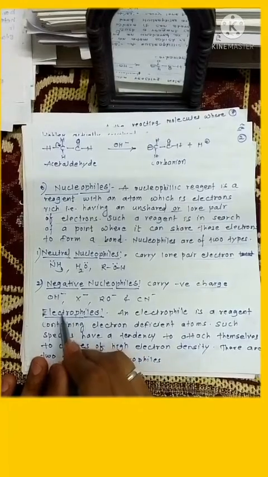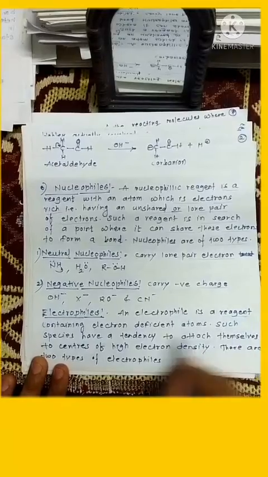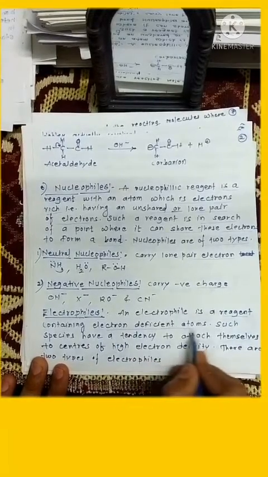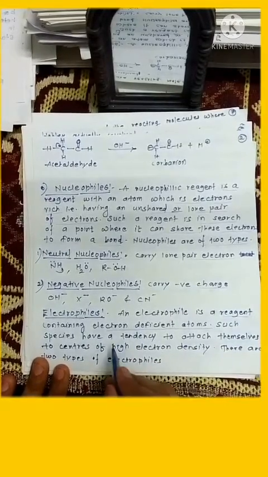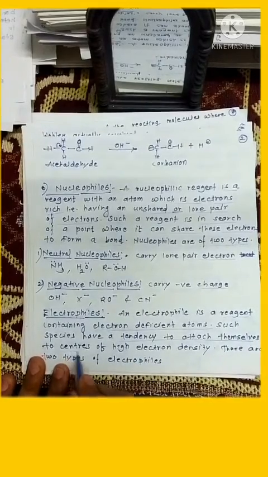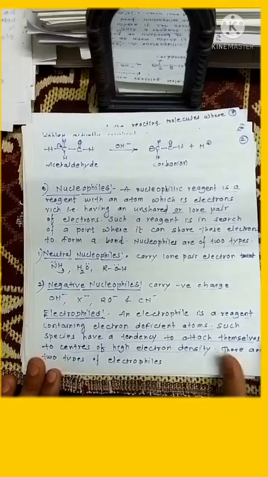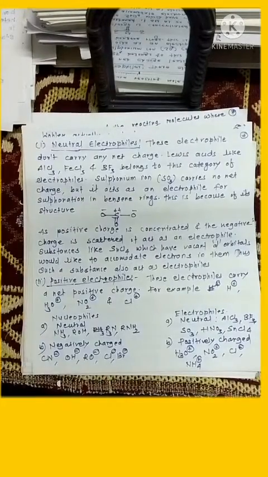Now we are going to discuss what is meant by electrophiles. An electrophile is a reagent containing an electron deficient atom. Such species have a tendency to attach themselves to the center of high electron density. There are two types of electrophiles.